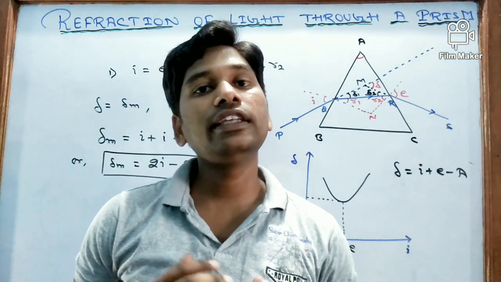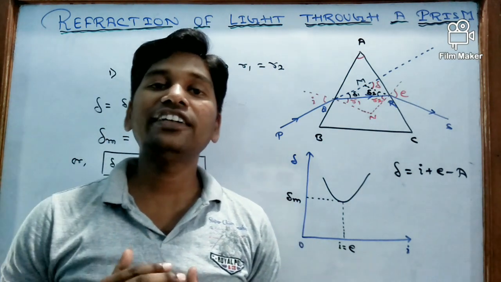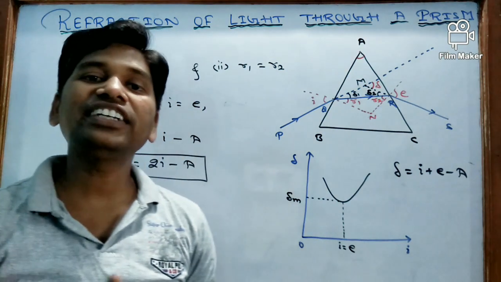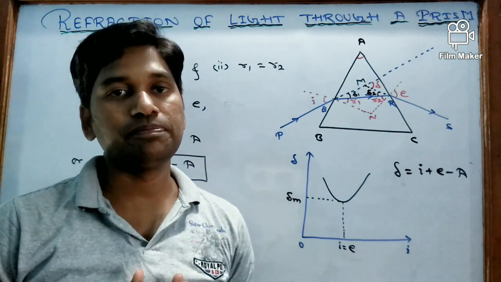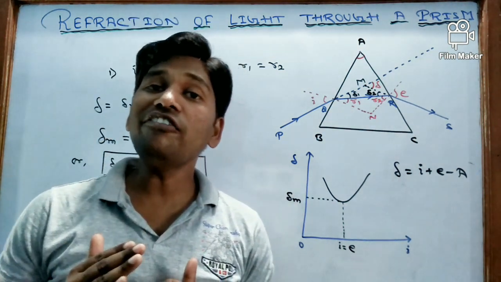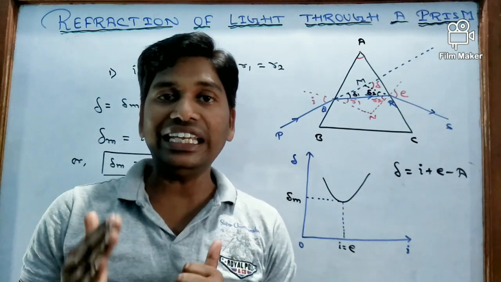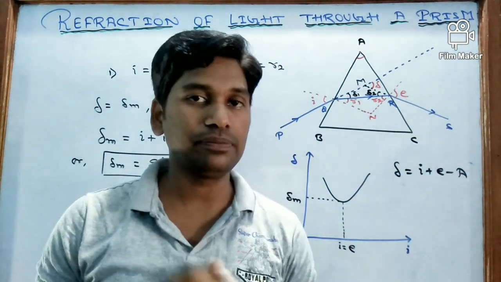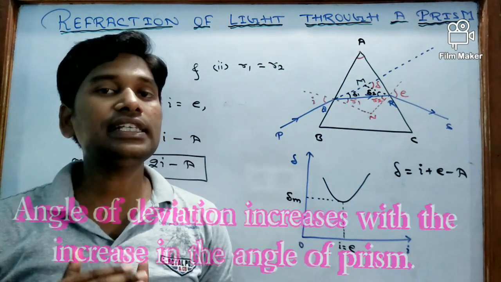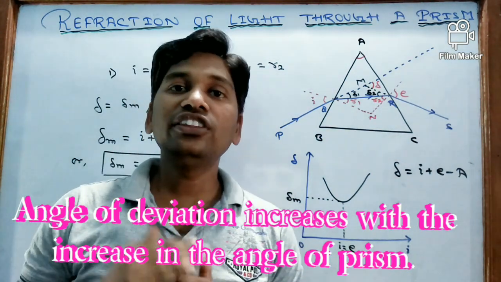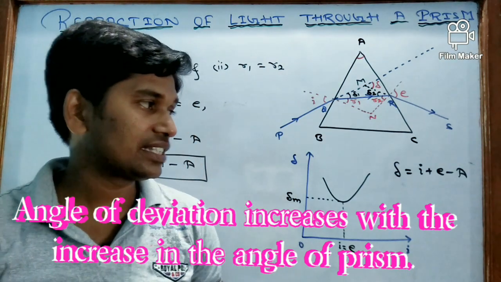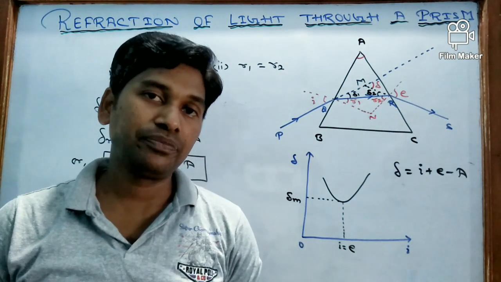Let us see the second factor that affects the angle of deviation. The second factor is the angle of prism. The angle of deviation increases with increase in angle of prism. Now let us see the third factor. The third factor is the refractive index of the medium.